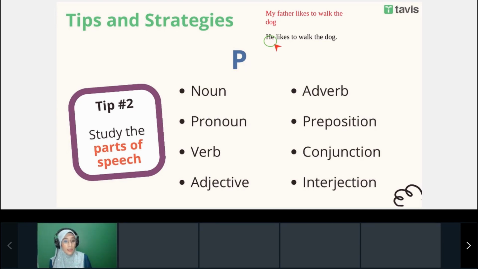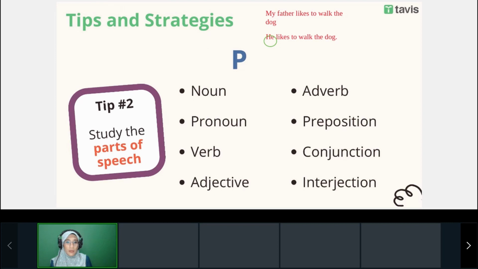This is a pronoun. Why am I using he? Because of the word my father. Father is a guy, right? Father is a man. And definitely he is the correct term. So he likes to walk the dog.